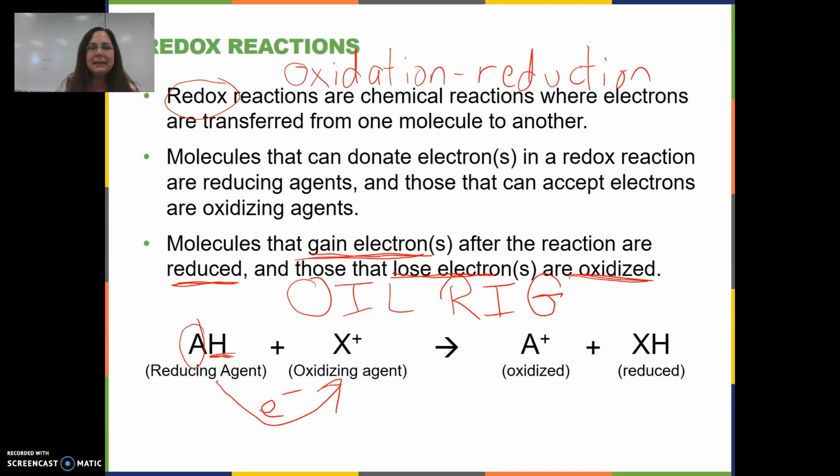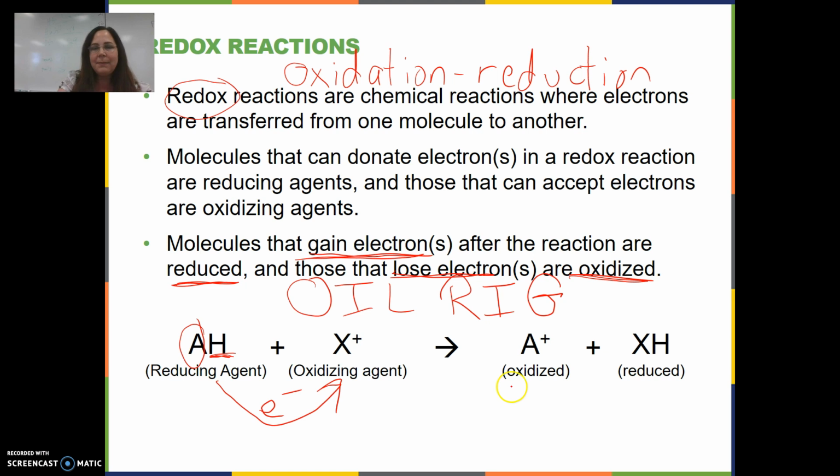So the chemical AH is the reducing agent because it's the one that donates the electrons in the form of a hydrogen atom. And X is the oxidizing agent because it's the one that accepts the electron in the form of a hydrogen atom.